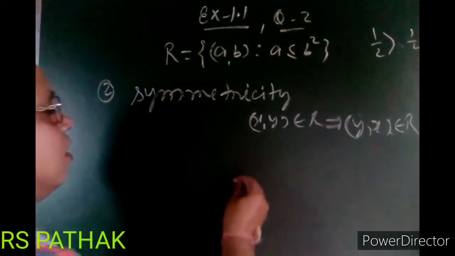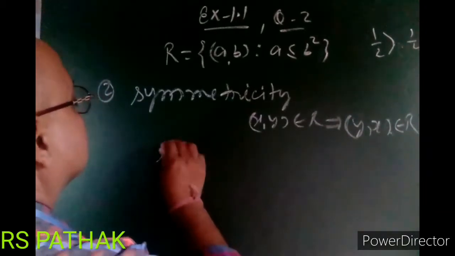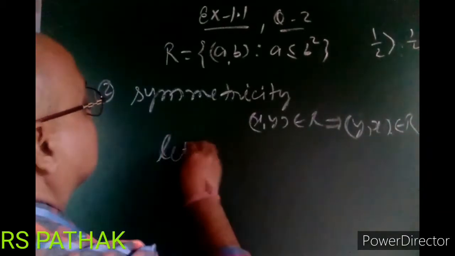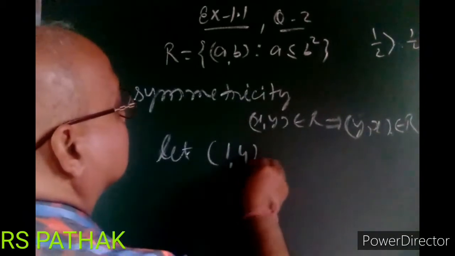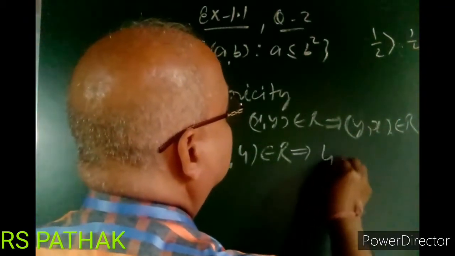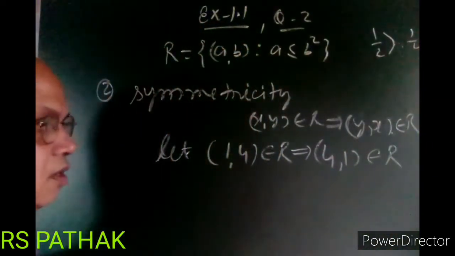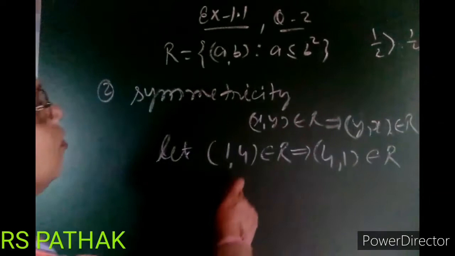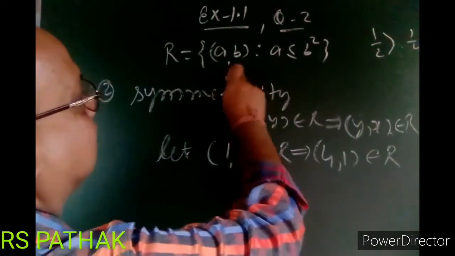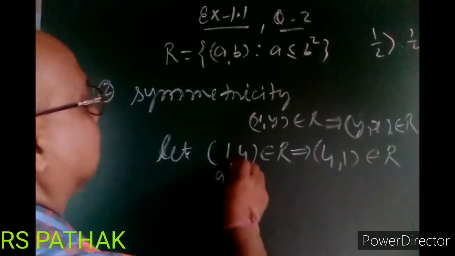Let us take (1, 4) belongs to R, which should imply (4, 1) belongs to R. According to the definition of R, this is a, this is b.